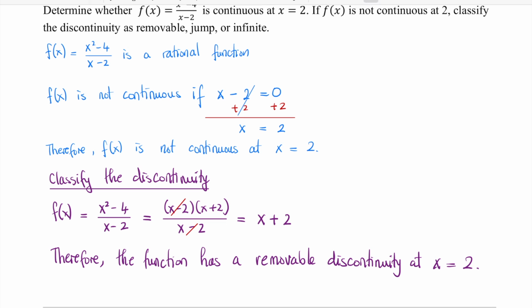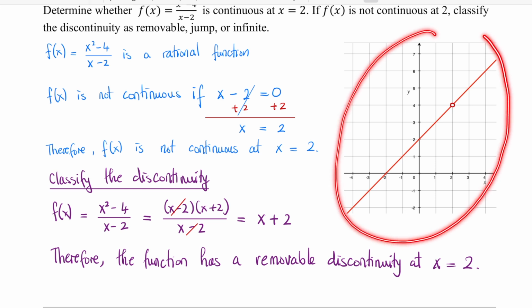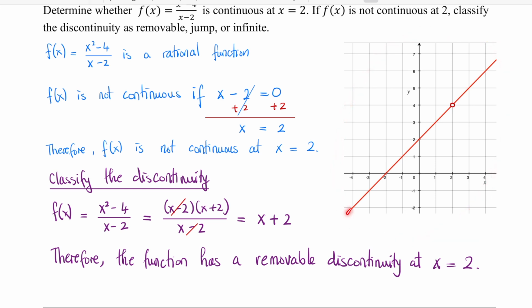This means the graph of the function f of x behaves like the line y equals x plus 2, but the function is missing the point where x equals 2. This is the graph of f of x: the line y equals x plus 2 with an open hole at x equals 2.